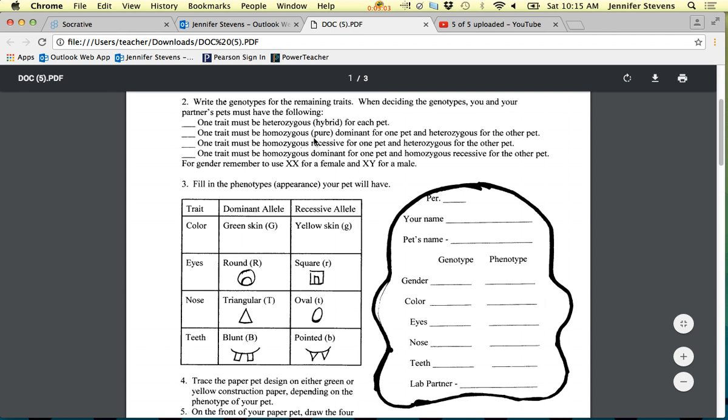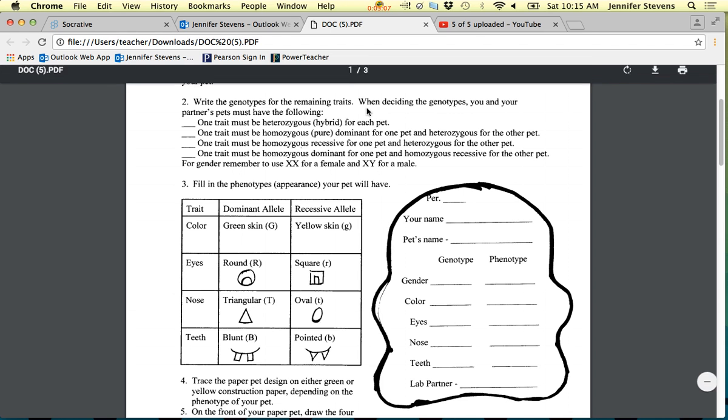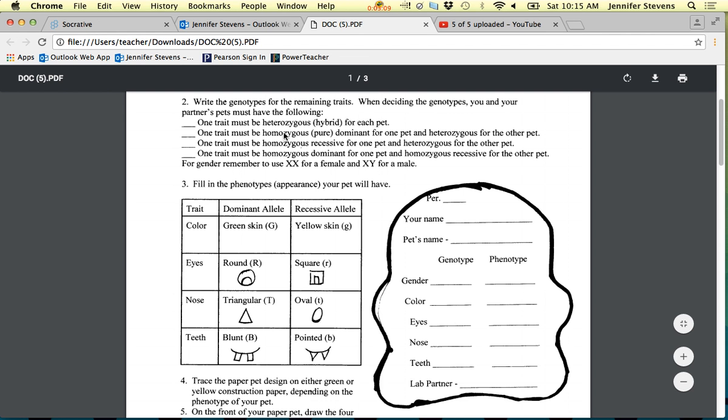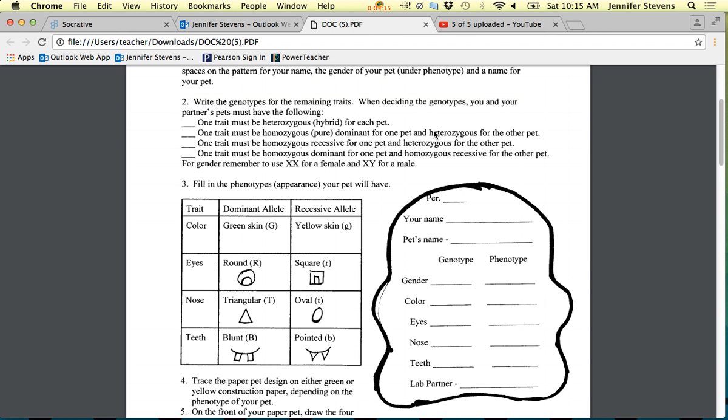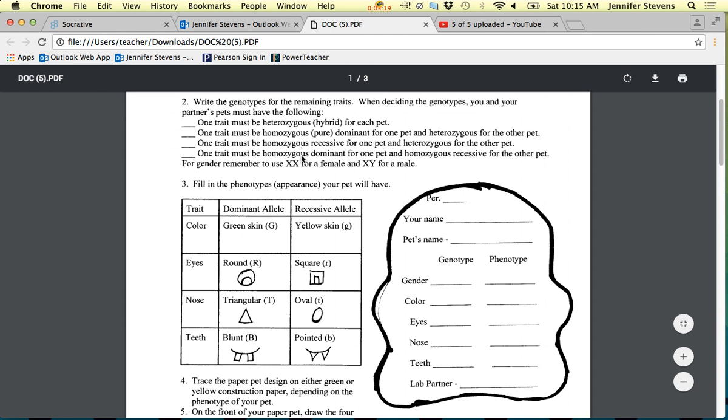Once you figure that out, it doesn't matter which pet you make which on these ones that have a choice. It doesn't matter if you make the female the homozygous dominant and the male heterozygous, or the other way around. You just have to have one of each. As you pick those traits and assign them, for the genotype I should see the combination of big G's and little g's here for color.